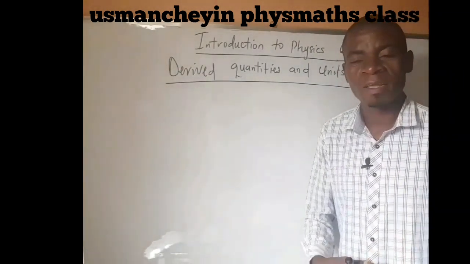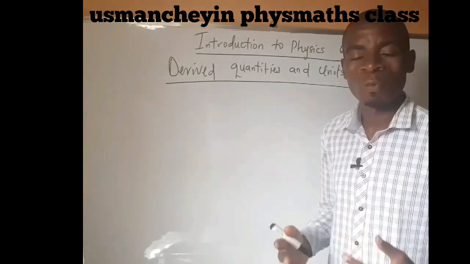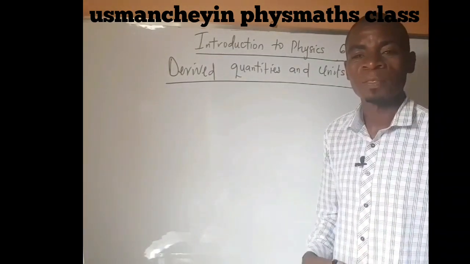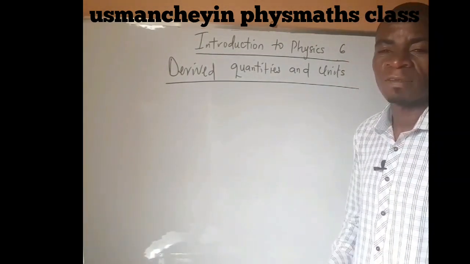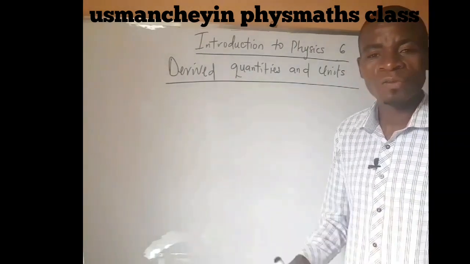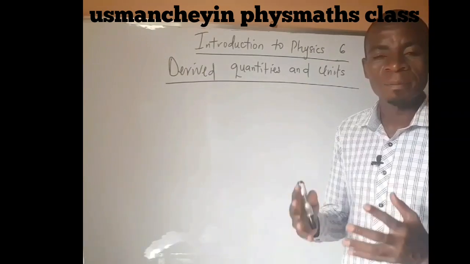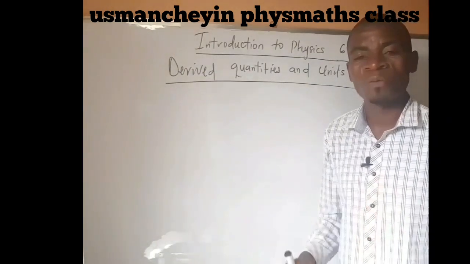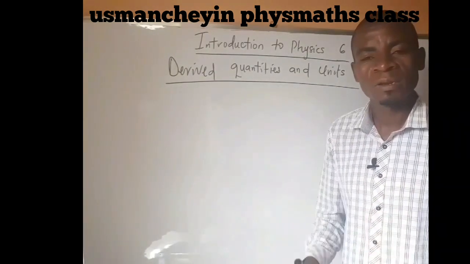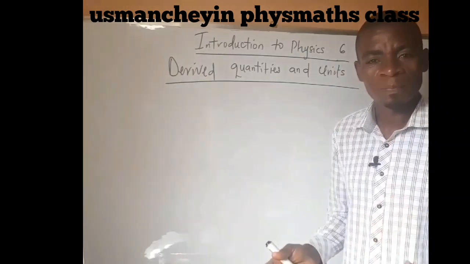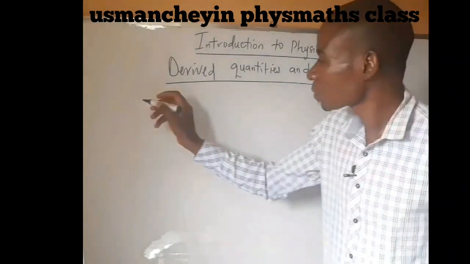If somebody asks us what derived quantities and their units are, we can define them as those quantities which are obtained by a simple combination of the fundamental quantities and units. Let's take it down.